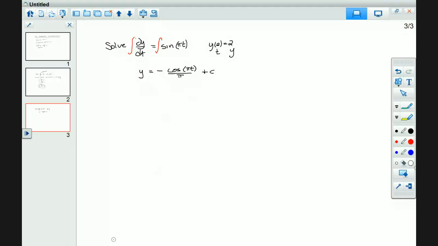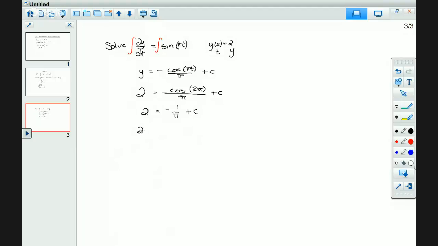And then plug your initial condition in and solve for c. So the y value is 2. Cosine at 2 pi is really 1. Thank you. So negative 1 over pi plus c.